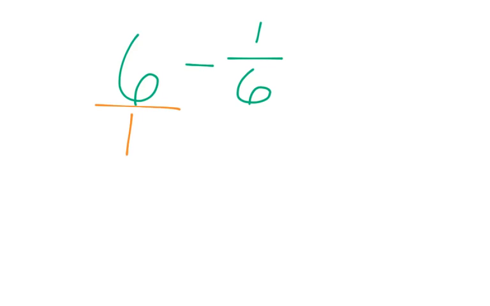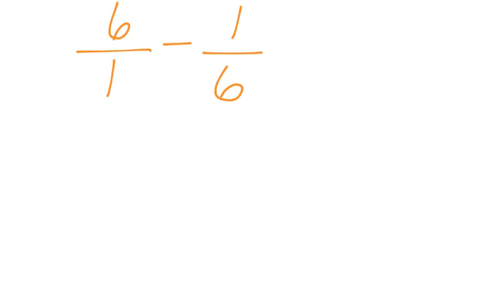We have a whole number, 6 minus 1/6. What you're going to do here for your first step is put this whole number over the number 1. So now you have 6 over 1 minus 1 over 6. We need to find a common denominator.